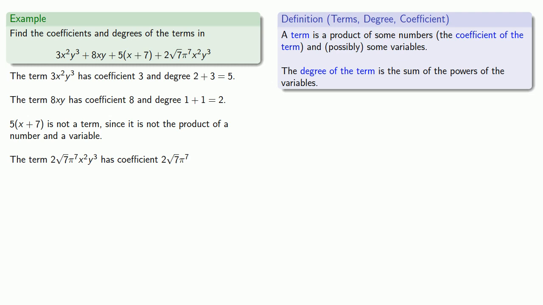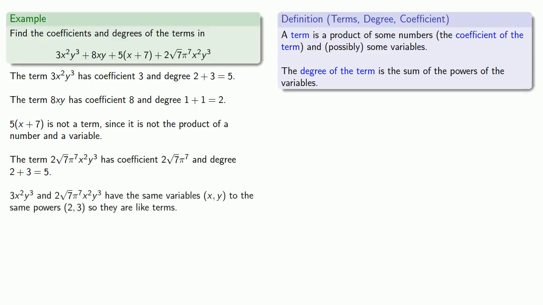And the variables are to power 2 and 3, so the degree is 2 plus 3, or 5. And it's worth noting that 3x squared y cubed and 2 root 7 pi to the 7th x squared y cubed have the same variables, x and y, raised to the same powers, 2 and 3. And this means they are like terms.